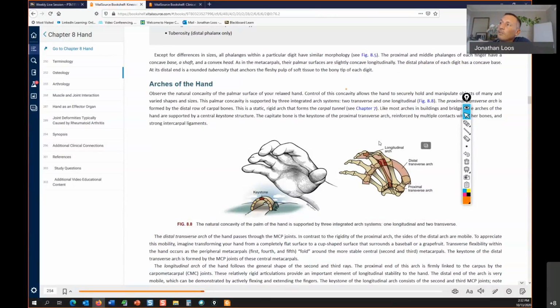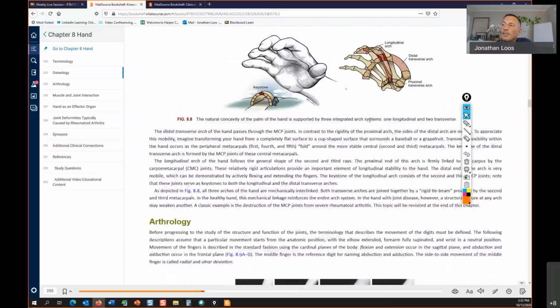You have this longitudinal arch going from wrist to finger, and a transverse arch going side to side, and then you have a distal and proximal one. You have the exact same architecture in the foot, but it's not as important in the hand because it's non-load bearing. We will have a longitudinal arch and 2 transverse arches that we'll talk about in great detail, and the whole concept of pronation, supination. But just know that it exists.